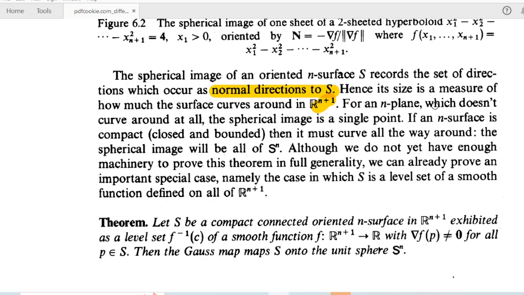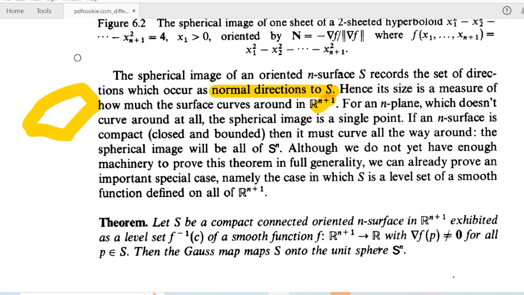For an n plane which does not curve at all, we know that if we take a simple xy plane, it never bends anywhere. In that case, the spherical image is a single point. So the Gauss map here is from a two plane to S2.